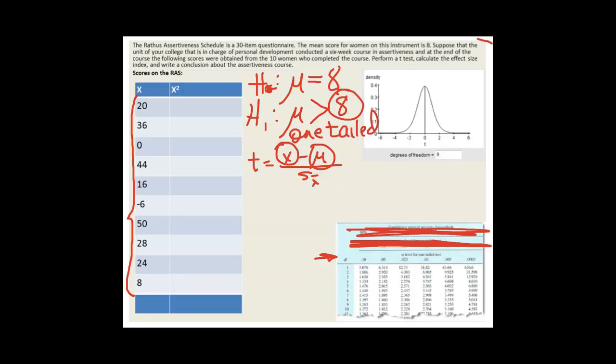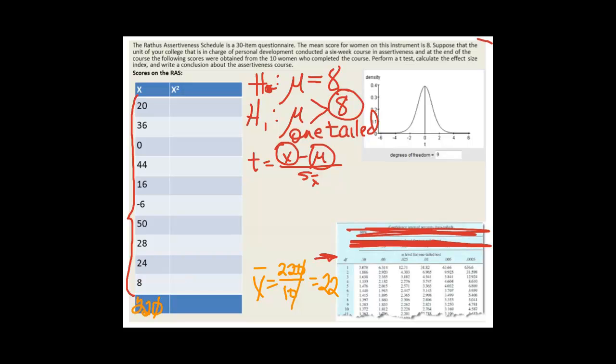I worked this ahead of time, so my math will go a little faster than it would for you, so feel free to pause. Because there are 10 scores, my x bar is 220 divided by 10. The 10 cancels, leaving me a mean of 22. That's a pretty big difference, so I suspect I'm going to end up with a significant difference here. But I don't want to just assume, I want to actually do the math.